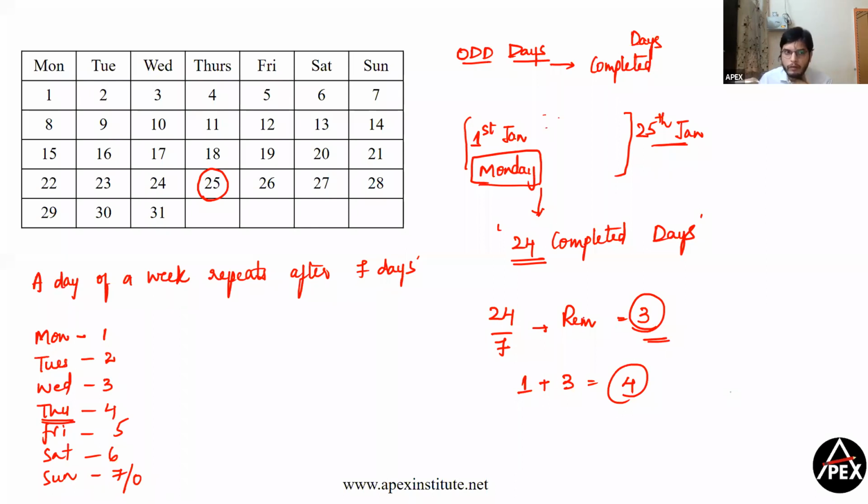What are these 3 odd days? These are nothing but 22, 23, and 24. Because of these 3 days, the given day is shifted by 3 days and it is Thursday now.